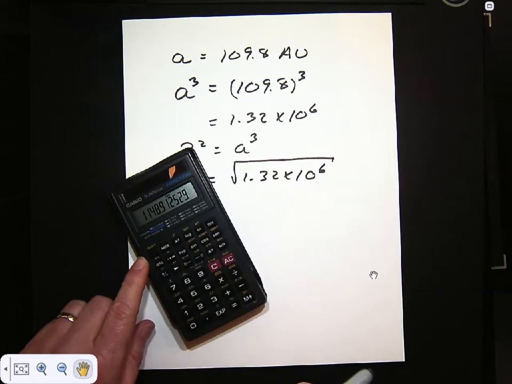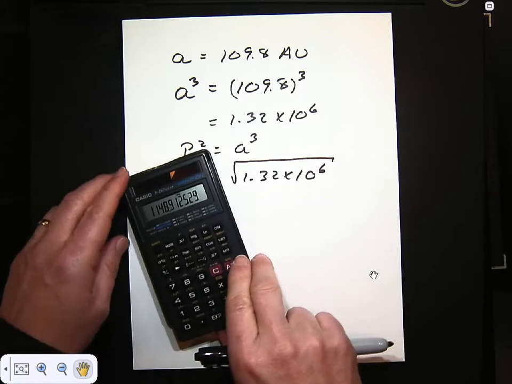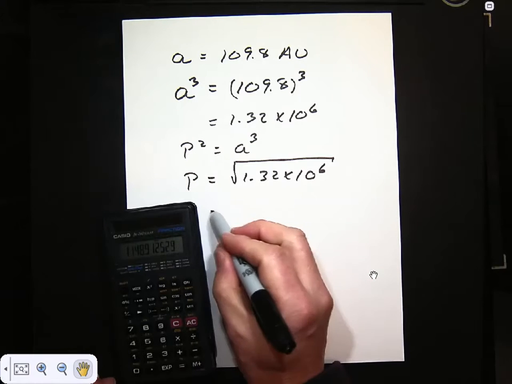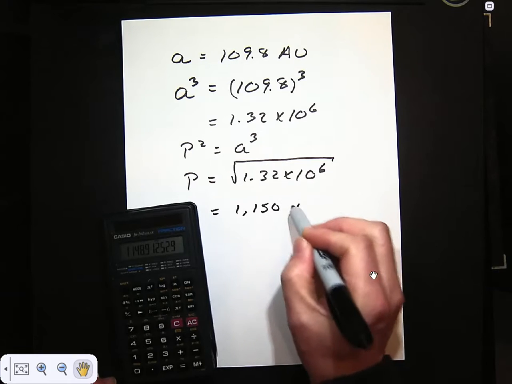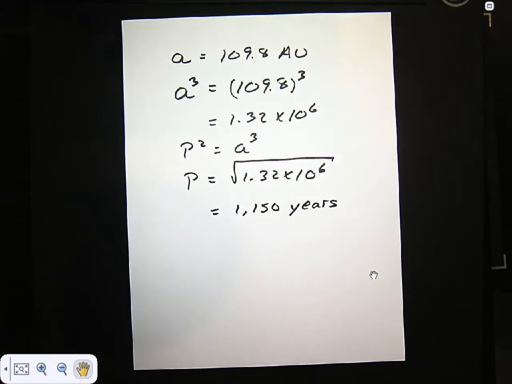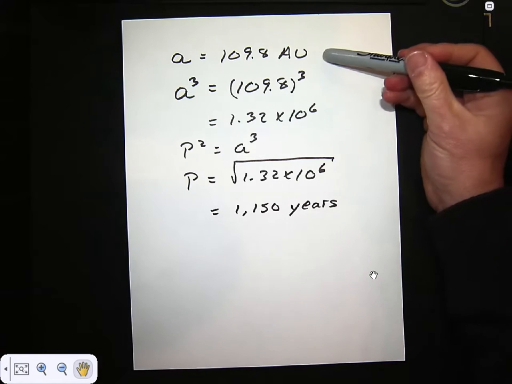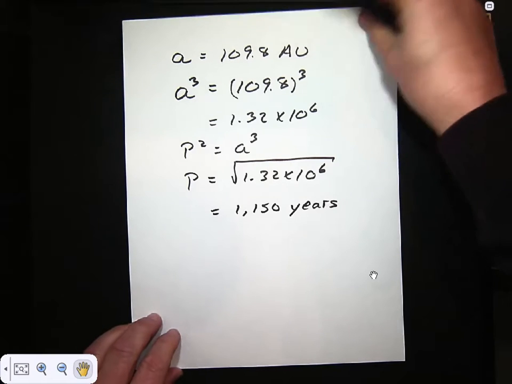And I get a number 1,148.9125 and so on. So basically 1,150 years. Just over a millennium. That's how long it would take for an object at this distance from the sun, semi-major axis, to go around the sun one time.